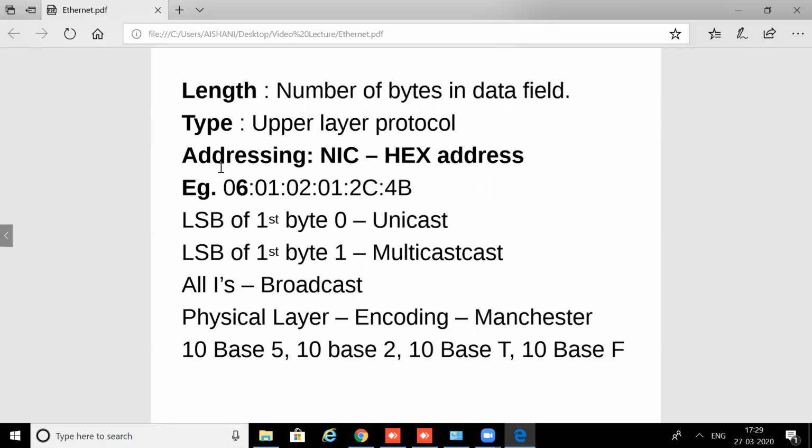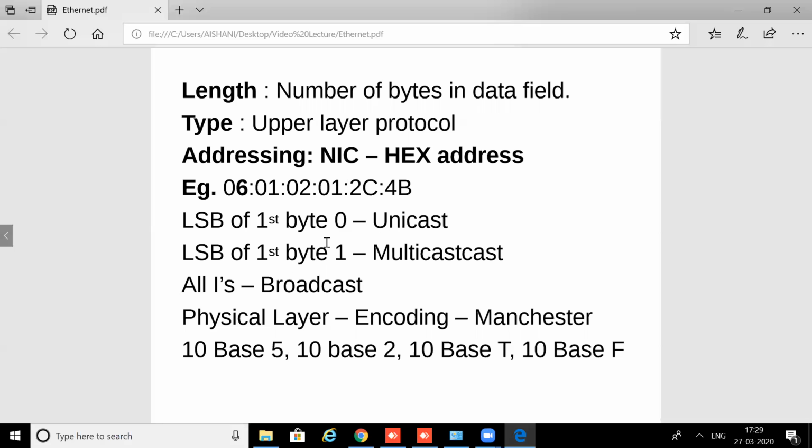Now you can see this is an example of a physical address, which is written in hexadecimal. Look at the LSB of the first byte, the least significant bit. We convert this byte into the corresponding binary. If the LSB of the first byte is 0, it is a unicast address.